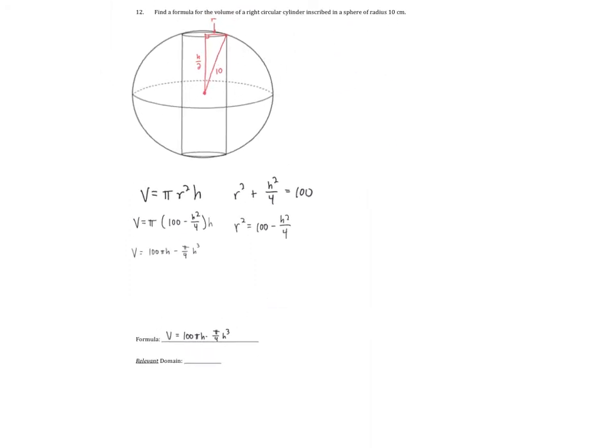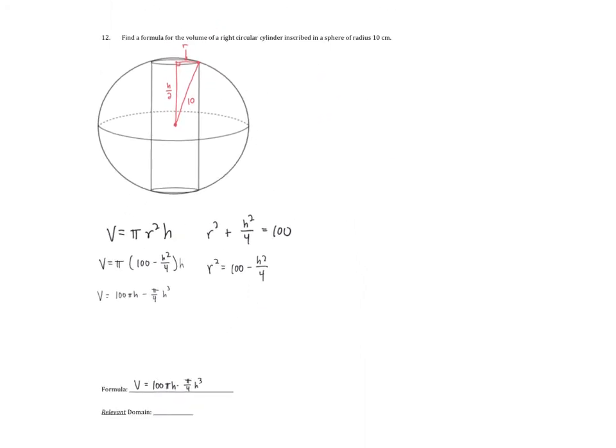Okay, the domain. That's a height. The smallest that height could be is 0. And then the biggest it can be is, if this distance is 10, think about this: if this base gets really small, this radius gets smaller and smaller, then half of the height gets closer and closer to 10.